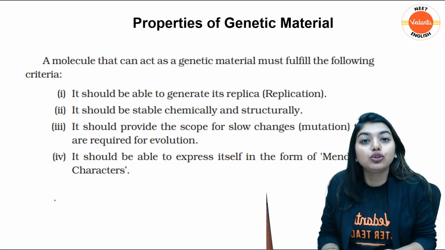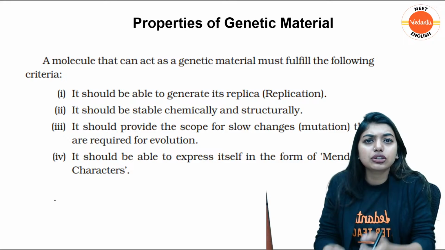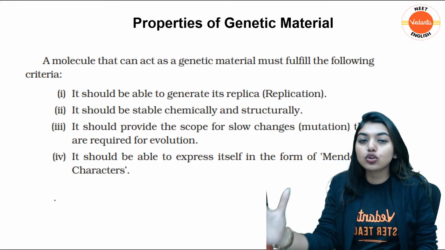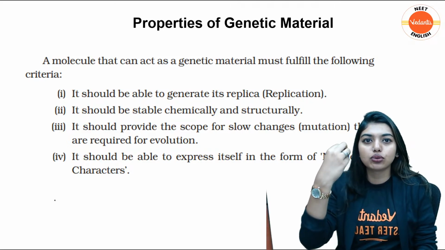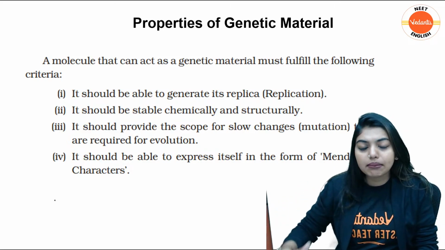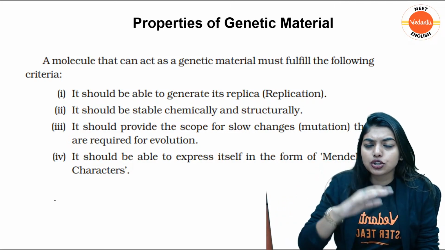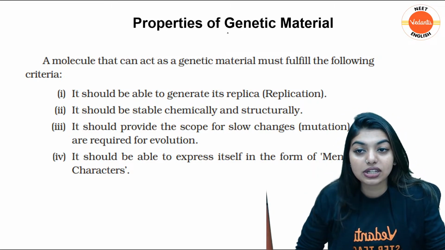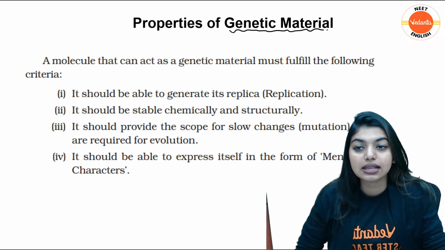To be a teacher, you have to make sure that the student understands. To be a good student, you have to respect and be obedient. To be a good MLA or MP, you should be an Indian citizen and all that. Same way, to be a genetic material also, there is some criteria.